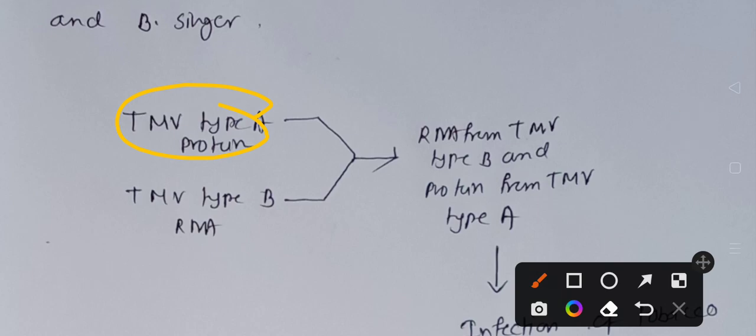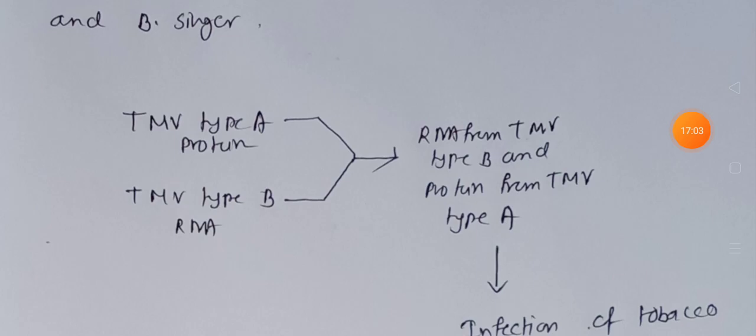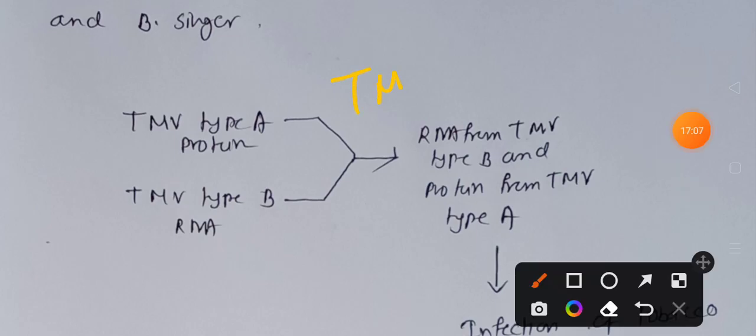Let me start from the very basics. What they did is they took two TMV virus strains. What is TMV? TMV is tobacco mosaic virus, right? We all know that viruses generally consist of two things: protein and DNA or RNA. This TMV contains RNA as its genetic material.